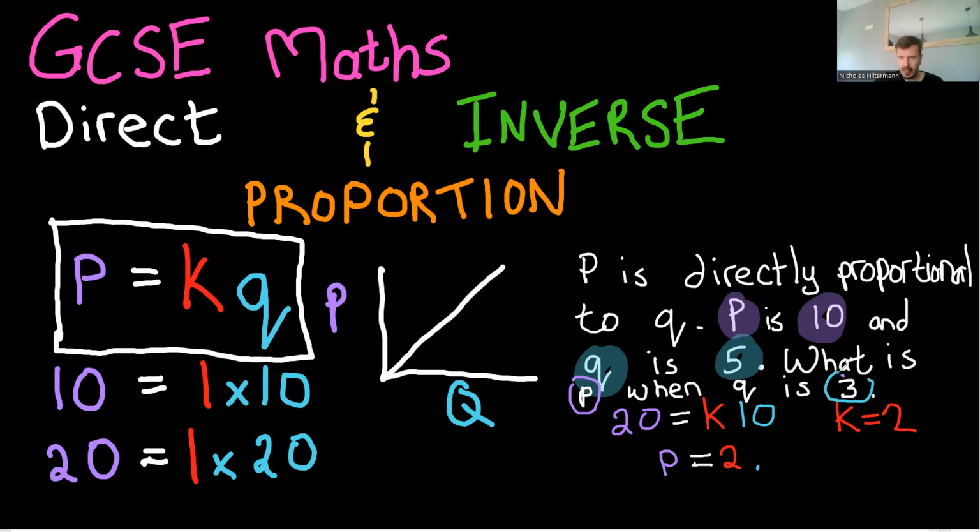Put that in, and then we get P to be 6. Because if K is 2, basically K is the proportion value. If K is 2, it's essentially doubling it. So when Q is 3, P is double that.